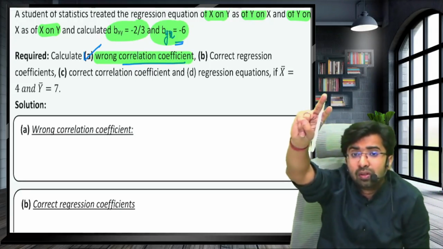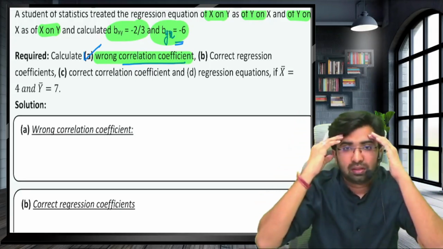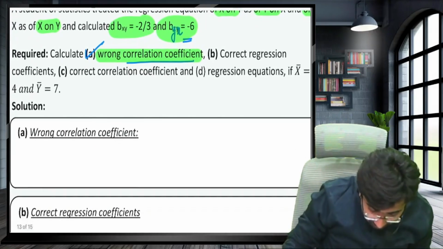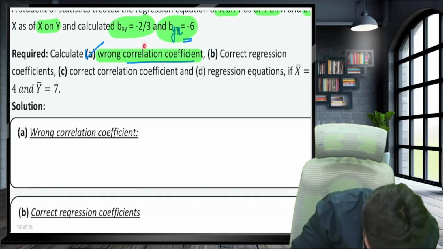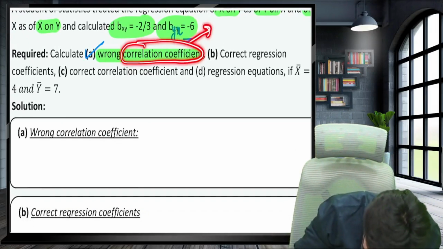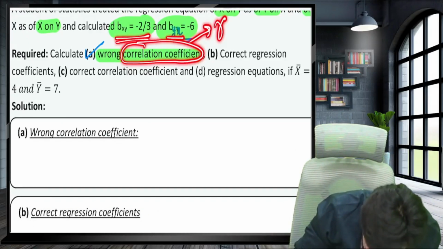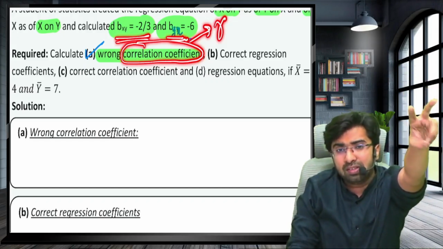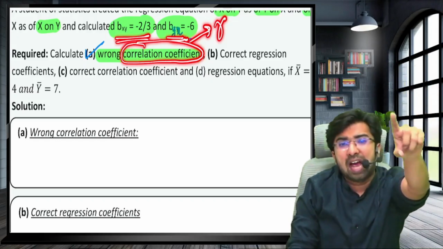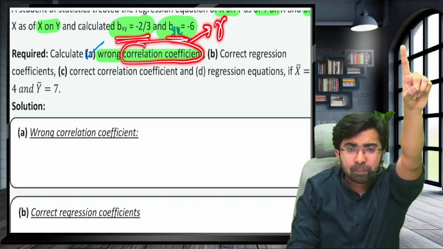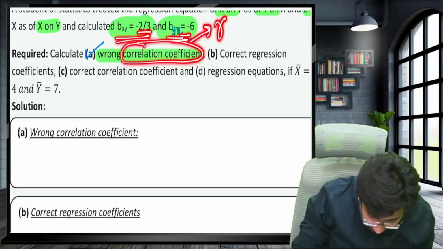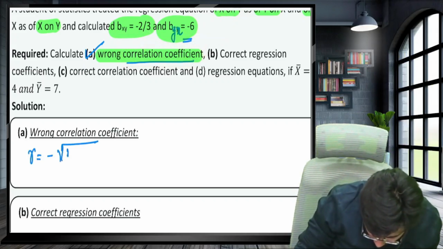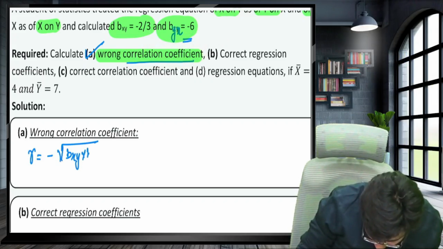Guys, I am asking for r. I have given you b. What is the relationship formula between both these things? There are two formulas. Since you have b, I will suggest you apply the first formula. Guys, both are negative. What formula should I apply? r is equal to minus under root of bx on y into by on x.